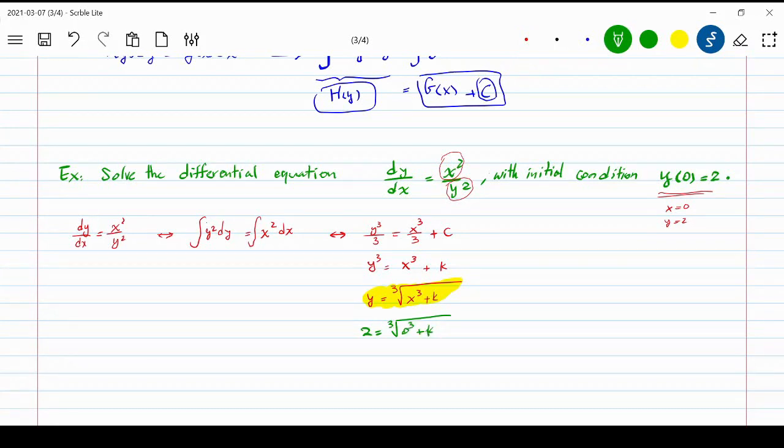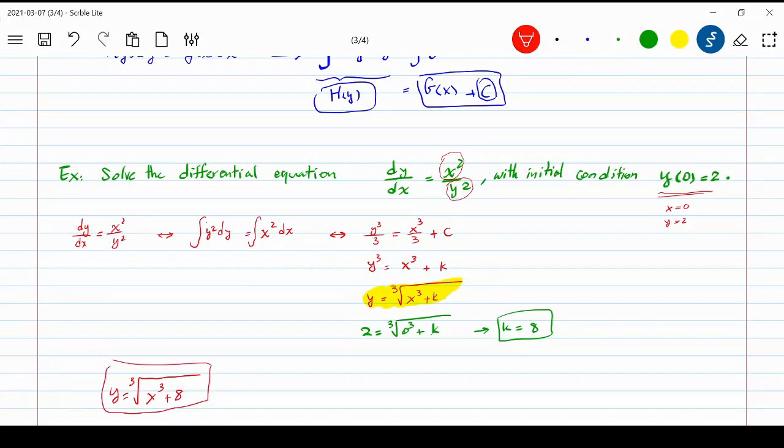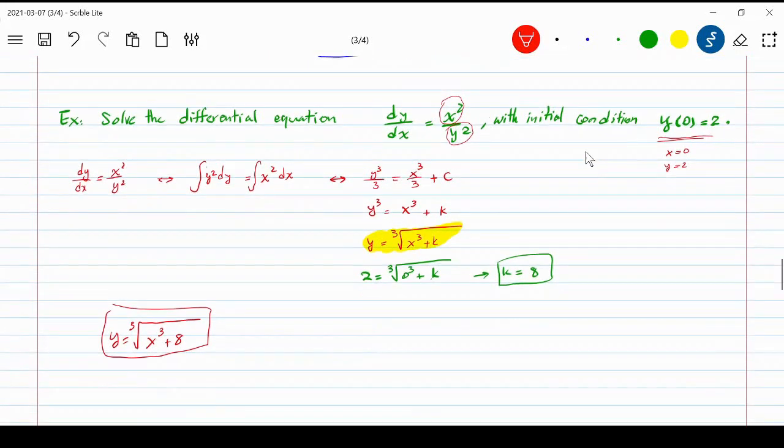You can figure out what k is. Sorry about that, let me write it better. Therefore k would be, you can cube both sides, 2 cubed, which is simply 8. So now I can say the particular solution that I was looking for is y equals the cube root of x cubed plus 8. That is the particular solution to this differential equation.